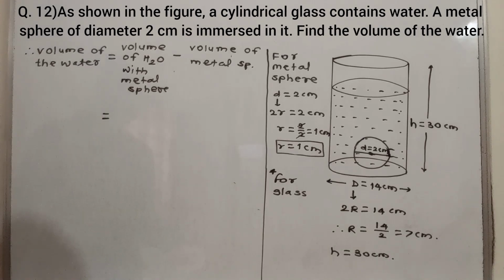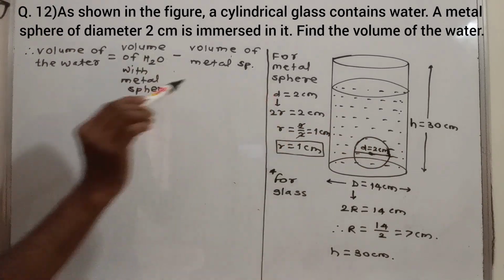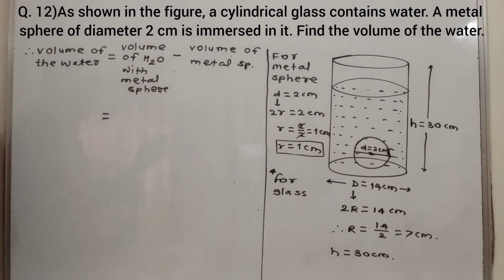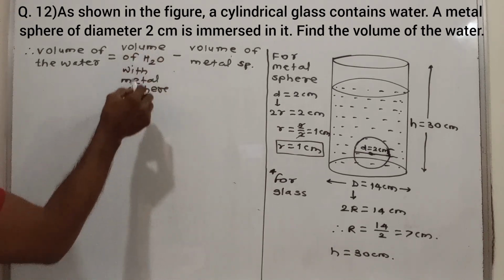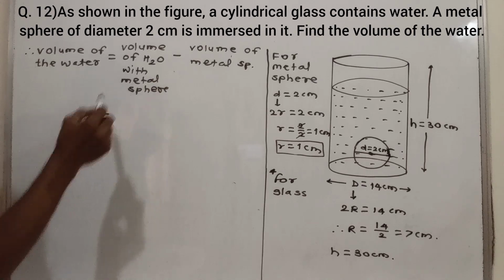Therefore, when we keep liquid in any container, then that takes the shape of that container. You may have studied in physics. Okay, so volume of water with metal sphere.